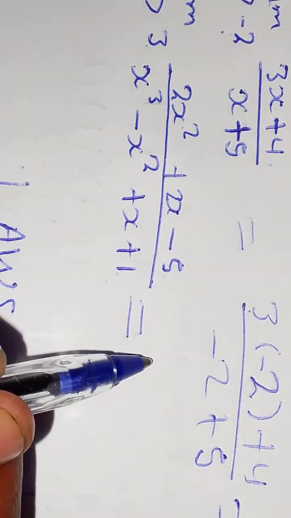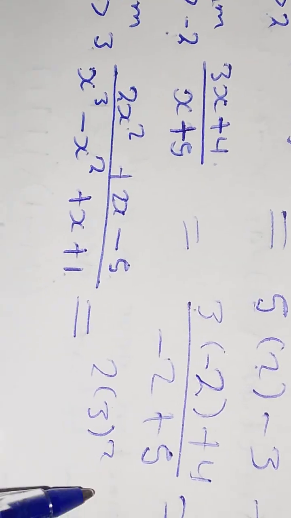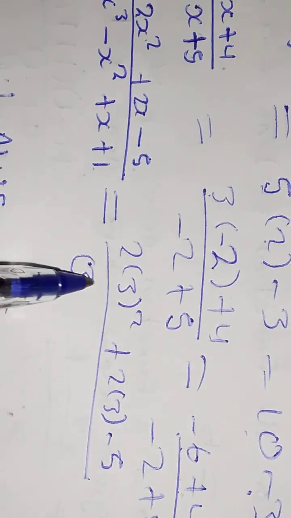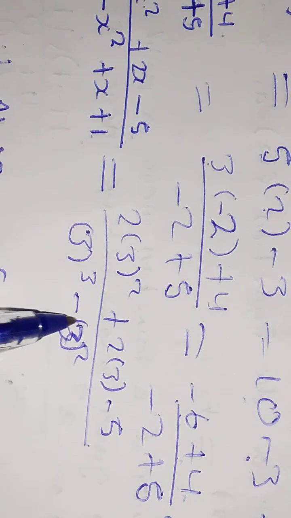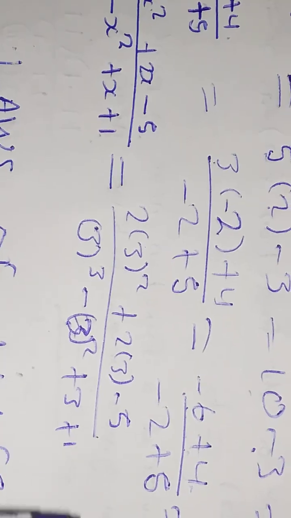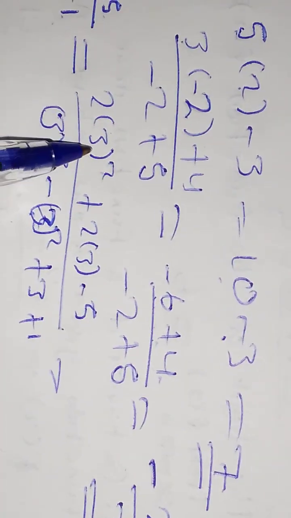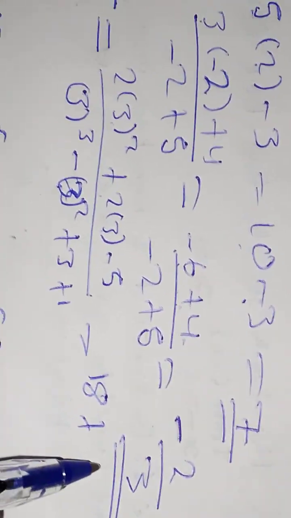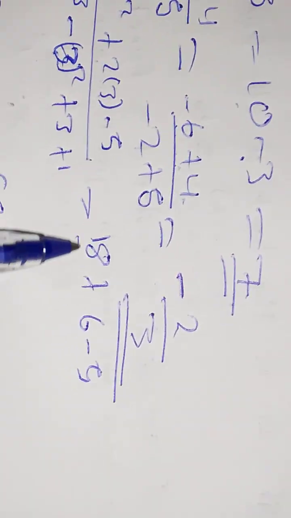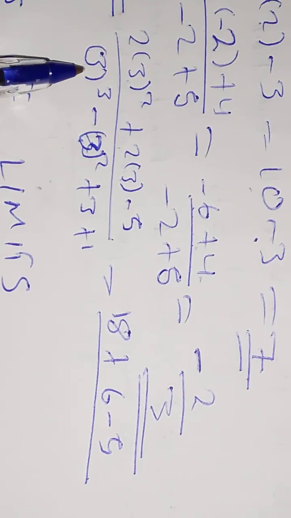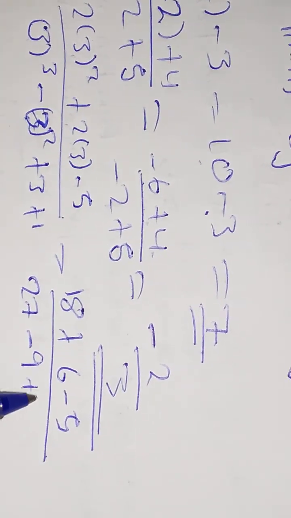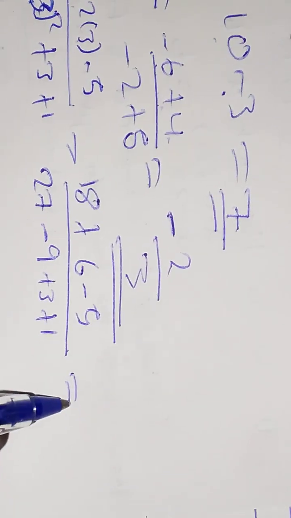So we have 2 times 3 squared plus 2 times 3 minus 5, over 3 cubed minus 3 squared plus 3 plus 1. 3 squared is 9, 9 times 2 is 18, plus 2 times 3 is 6, minus 5, over 3 cubed, 27, minus 3 squared, 9, plus 3 plus 1.